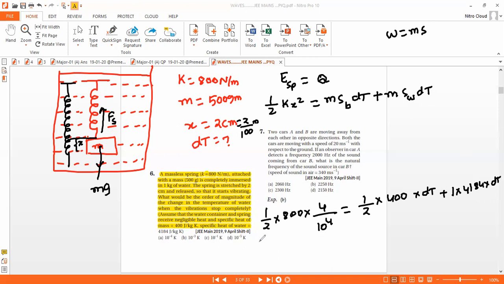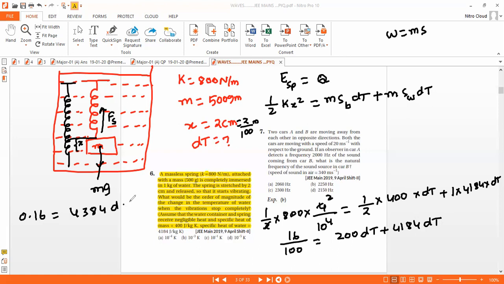So 16 by 100 is equal to 200 dt plus 4184 dt, approximately 0.16 is equal to 4384 dt.